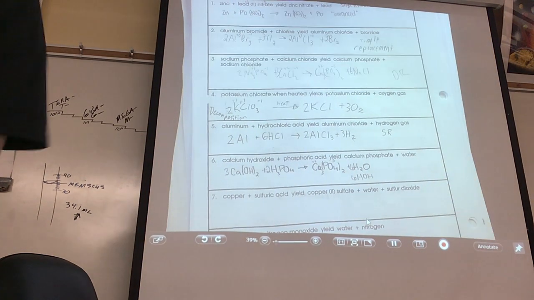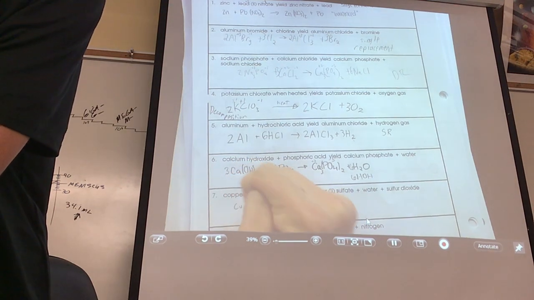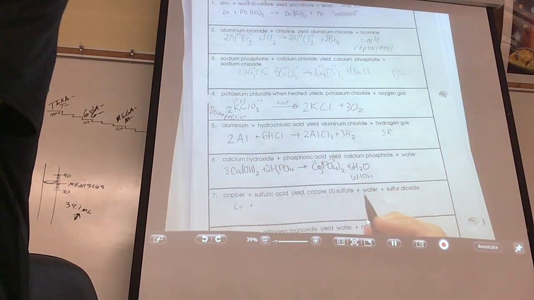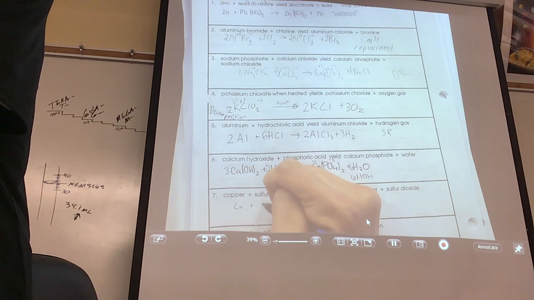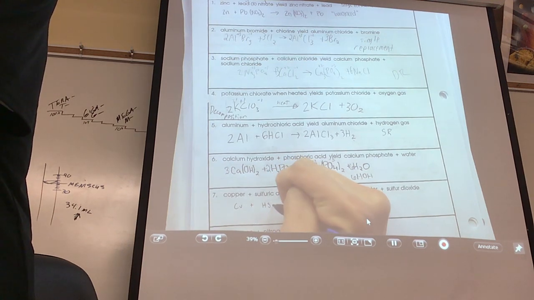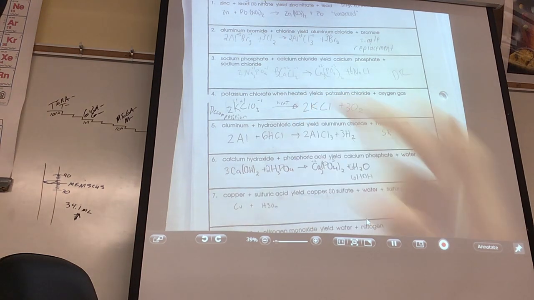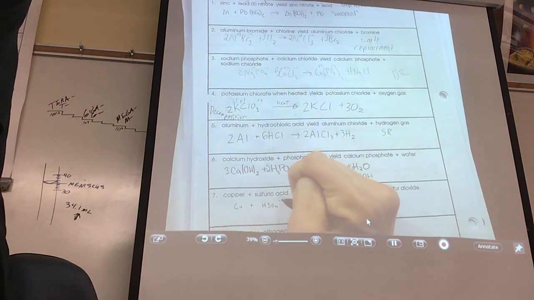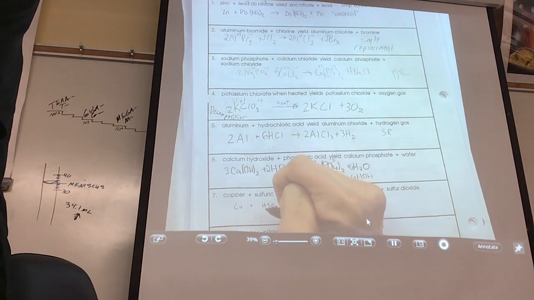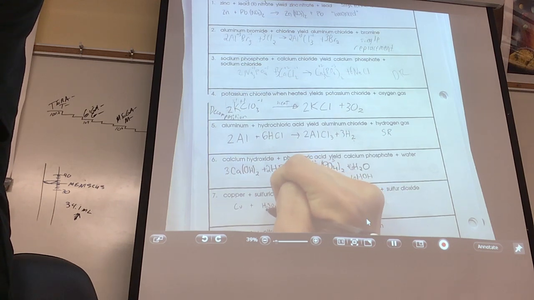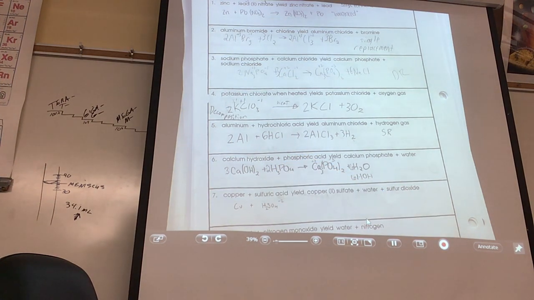So start out with copper, so that's Cu, plus sulfuric acid, which is H2SO4, but this is -2, right? And then that's got to be +2, so put a 2 there, because each hydrogen's +1.